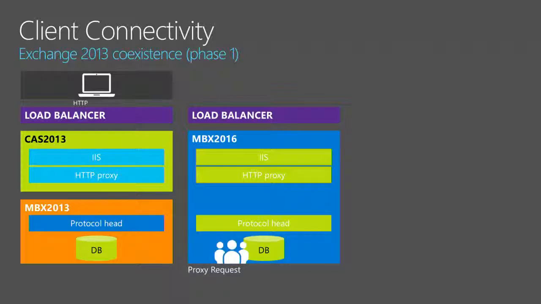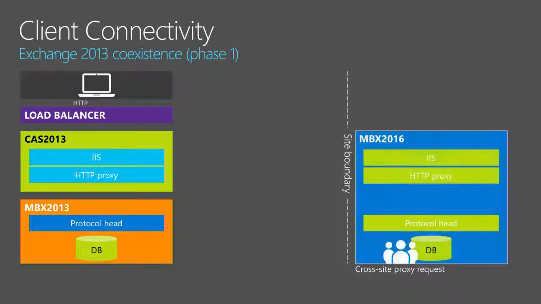We'll see that the mailbox has been moved to 2016, but the request is still going through the load balancer, which is going through 2013. 2013 is going to proxy that right to the protocol stack on that mailbox server. And that's why we call this phase one, when you haven't changed the front door. You're still having everything go through 2013, even though you've introduced 2016. And this is new. You couldn't do this in previous versions of Exchange, but you can in 2016.